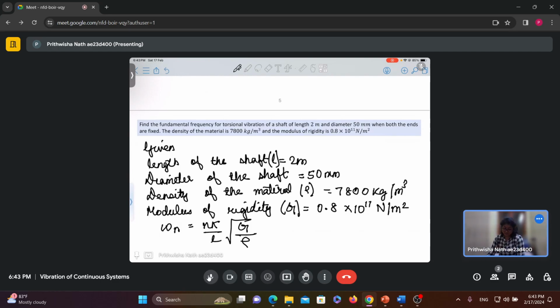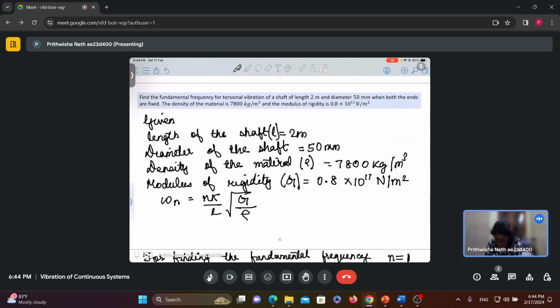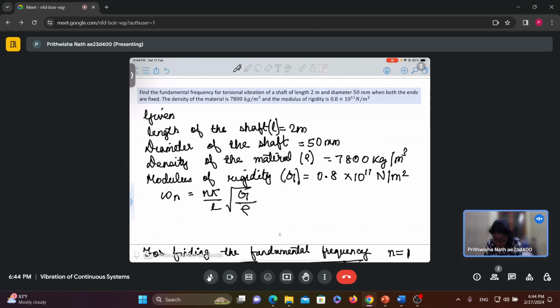Here also we need to find the frequency for a fixed end shaft. The density of the material of the shaft is 7800 kg per meter cube, and the modulus of rigidity is 0.8 into 10 to the power 11 Newton per meter square.